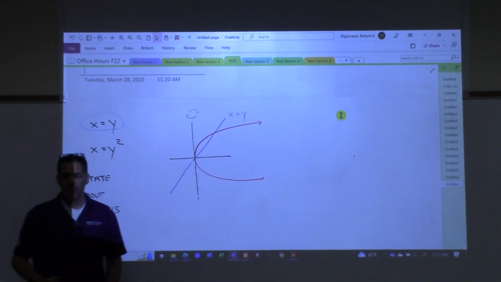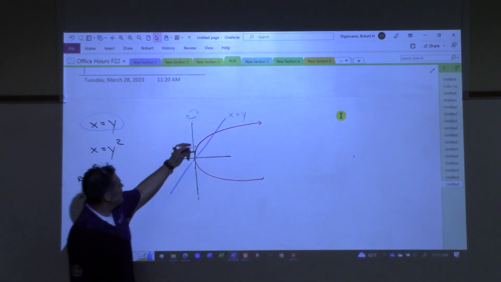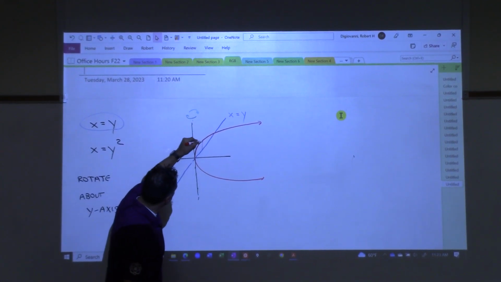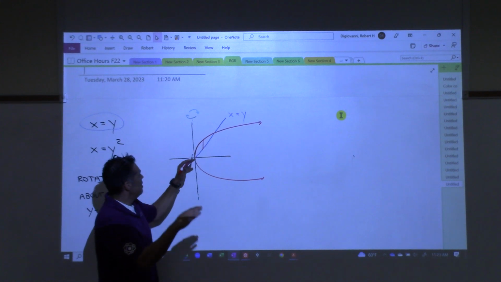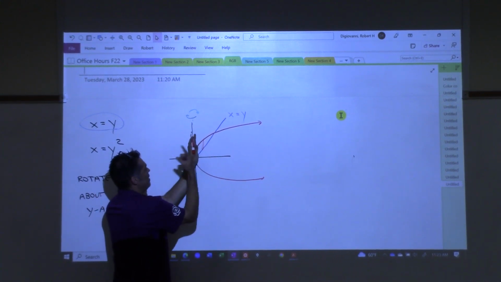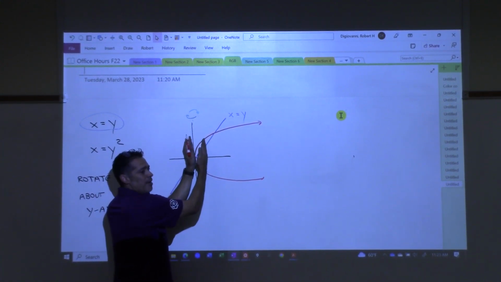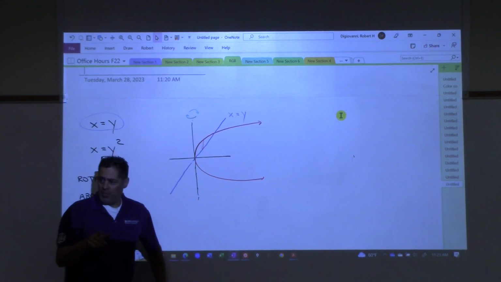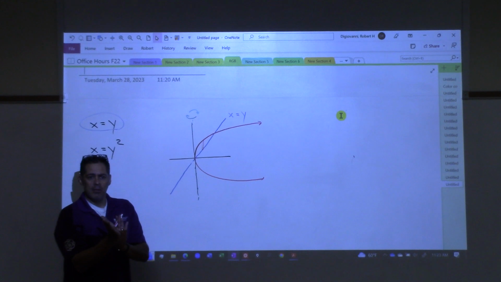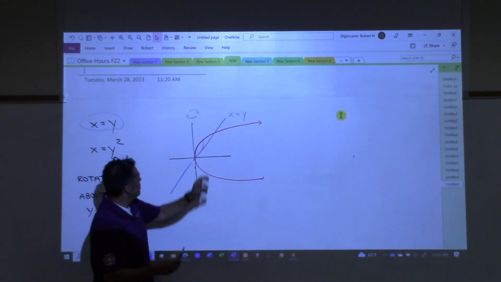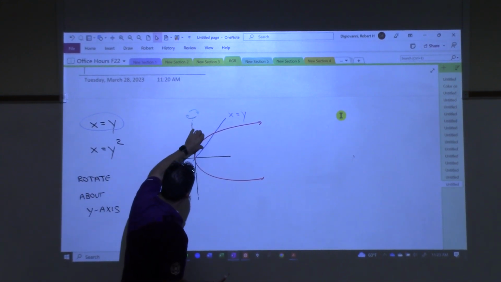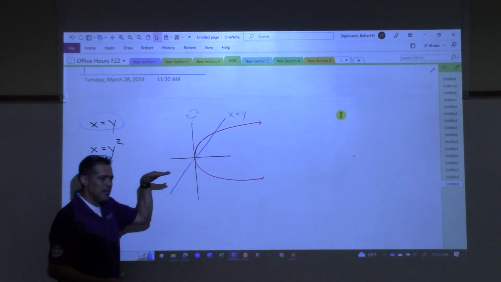If I wrap it this way, they're parallel to one another. Washers, the method that I've taught you, only works if your rectangle is perpendicular to your axis of rotation. So I can't use a rectangle that goes vertically. I have to use a rectangle that goes horizontally.